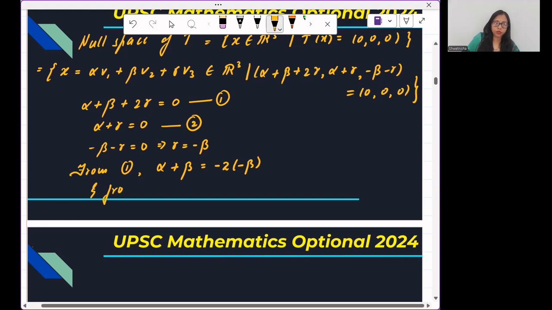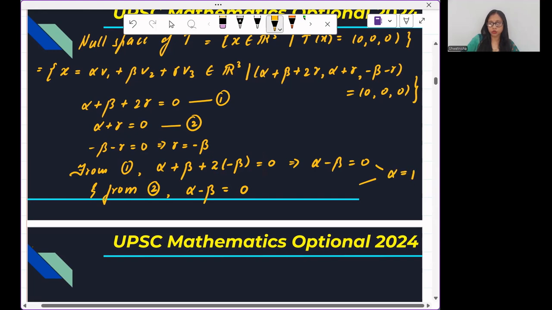And from 2, alpha minus beta is equal to 0. So it gives me alpha minus beta is equal to 0. So alpha will be equal to beta.